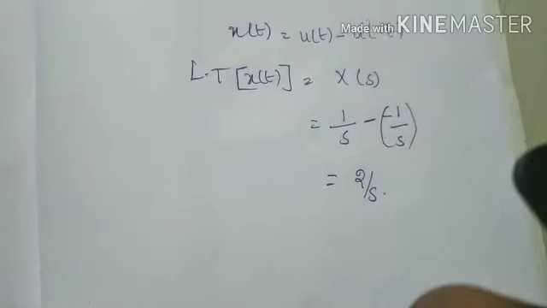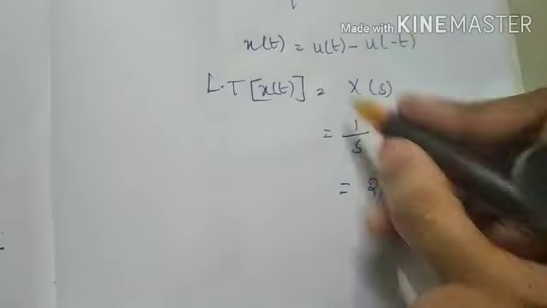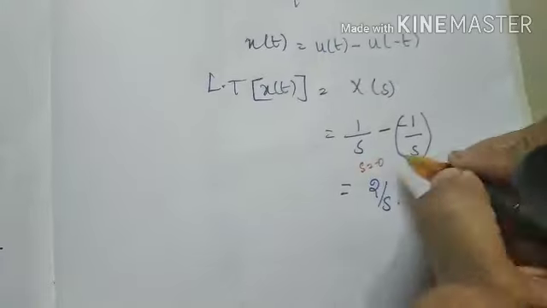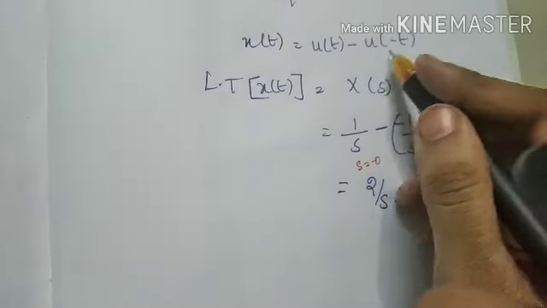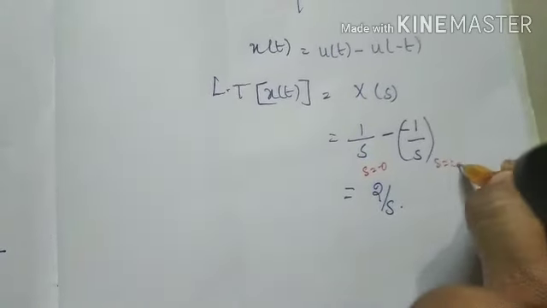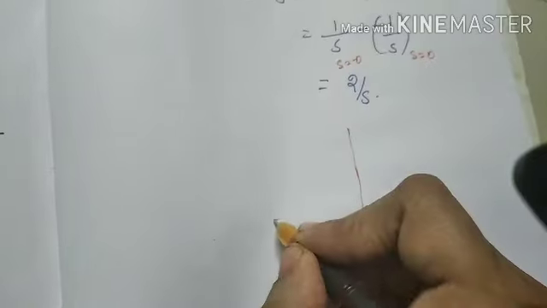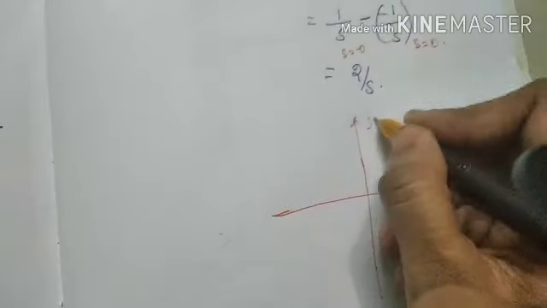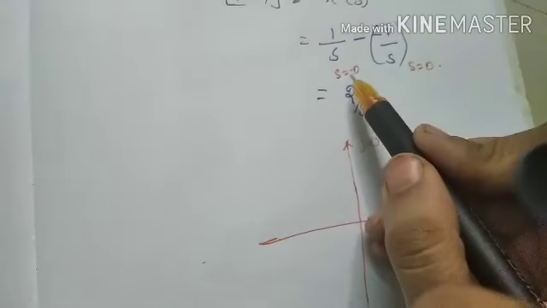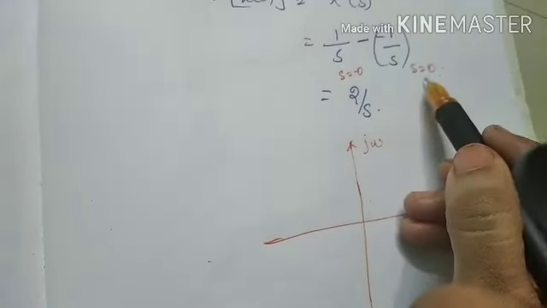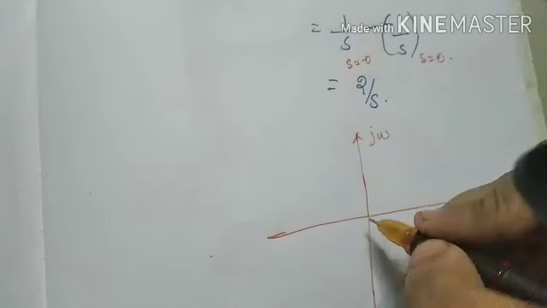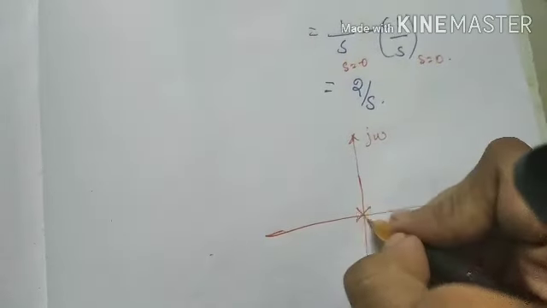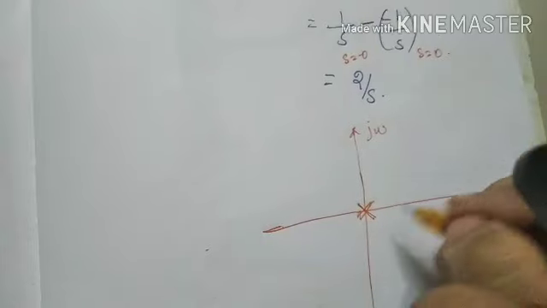The pole for the first signal, that is u of t, is s equal to 0. The pole for u of minus t is s equal to 0. Now we will plot the poles on the real-imaginary axis, sigma j omega axis. Here we have s equal to 0, so the two poles are at the origin, as in the previous problem.